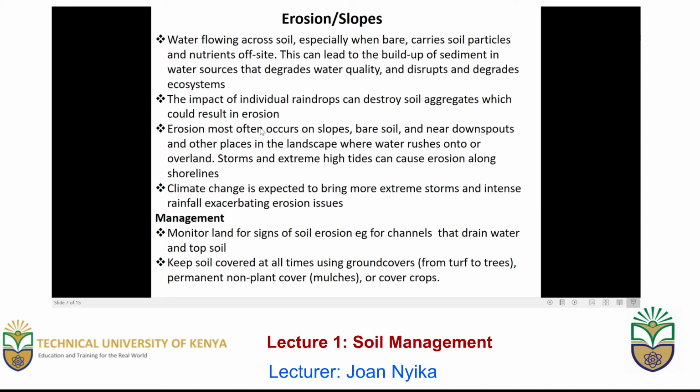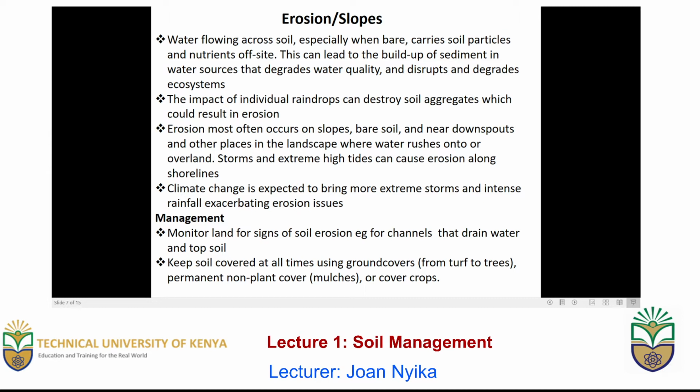This leads to the removal of the O and the A horizons that are important for plant nutrients and plant growth. How do we manage erosion? Managing erosion can be done by, first, monitoring the signs of erosion, such as the presence of channels or the presence of splash drops, especially in areas that do not have adequate vegetation.